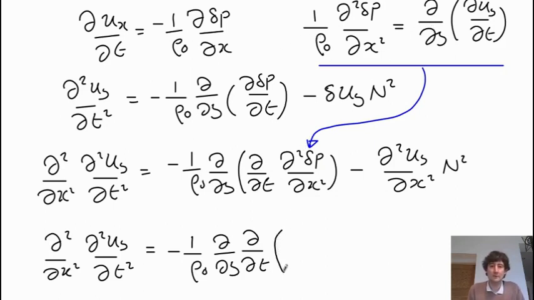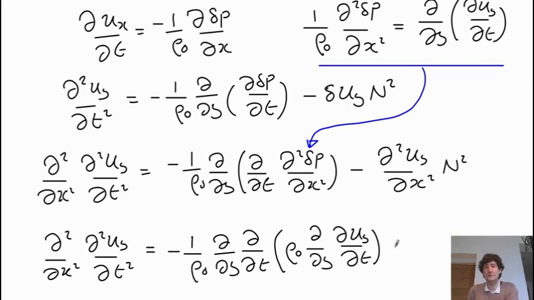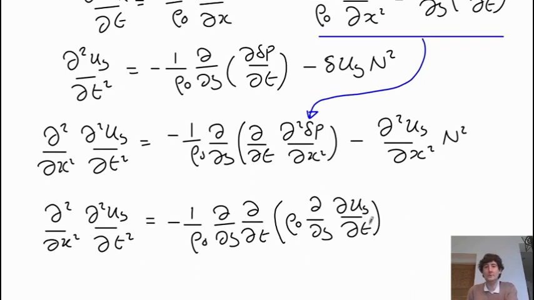So now I have a rho naught d by dy of a du by dt. Okay, so you can see we can start to get terms that we can use. Minus n squared d2 uy by dx squared.